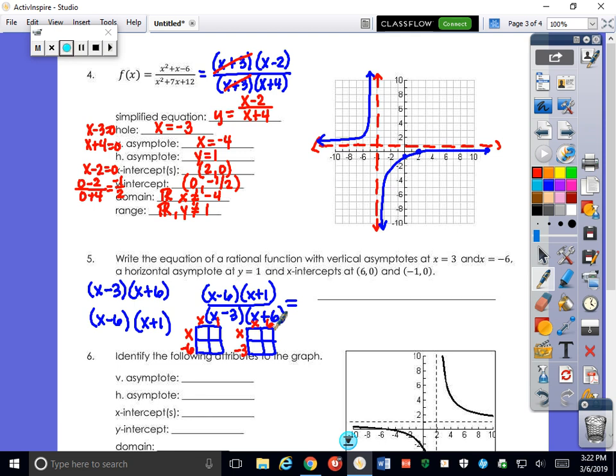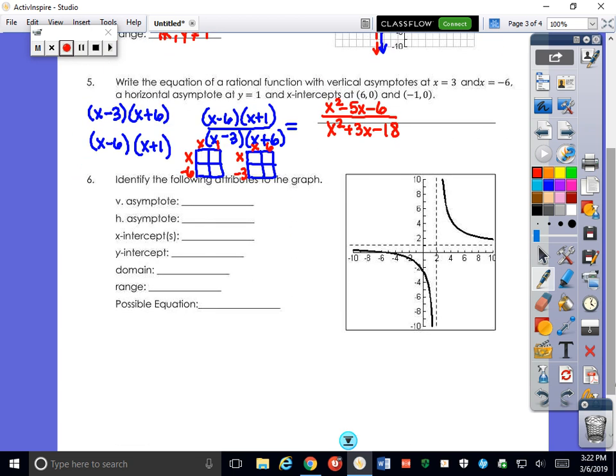And so you would end up getting x squared minus 5x minus 6 divided by x squared plus 3x minus 18. And if you notice, for our horizontal asymptote, if both of the degrees are the same, then you go to the leading coefficients, and the leading coefficients are 1. So it works.